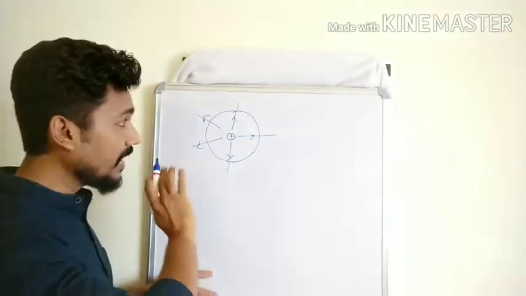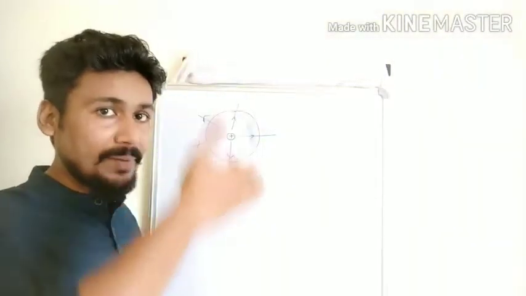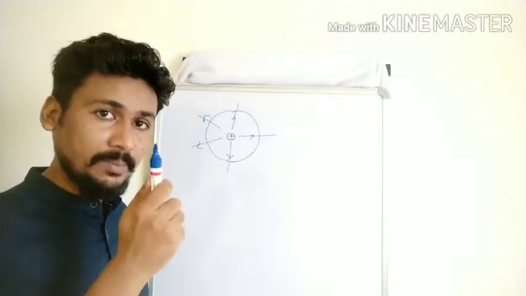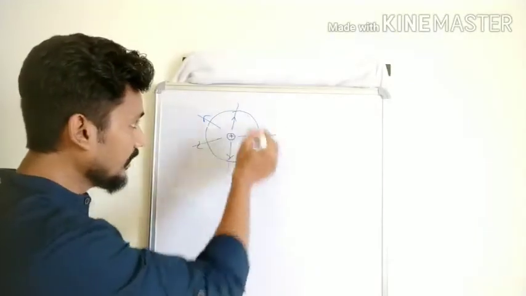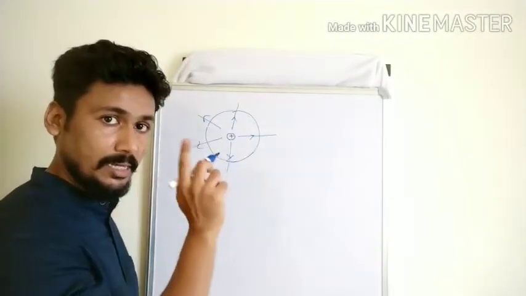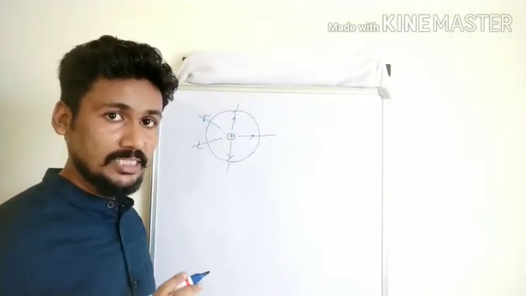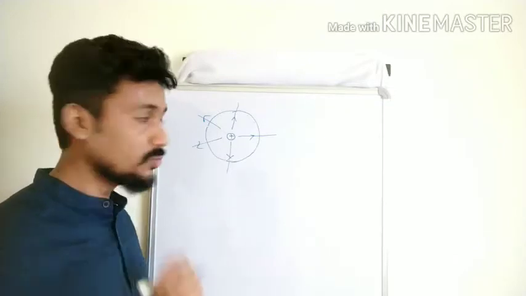It can be any kind of equipotential surface, spherical or planar. Even if it is a plane equipotential surface, still the rule follows that the electric field is perpendicular to the equipotential surface. Fine, that is one thing.